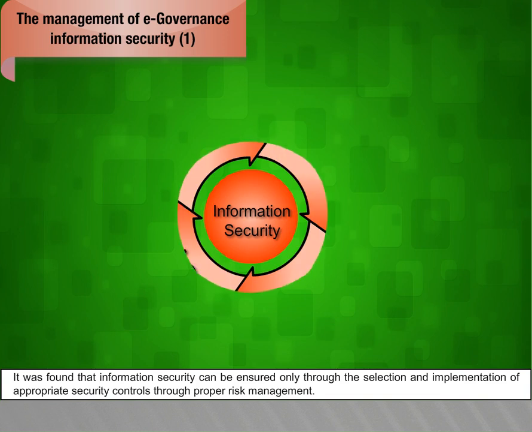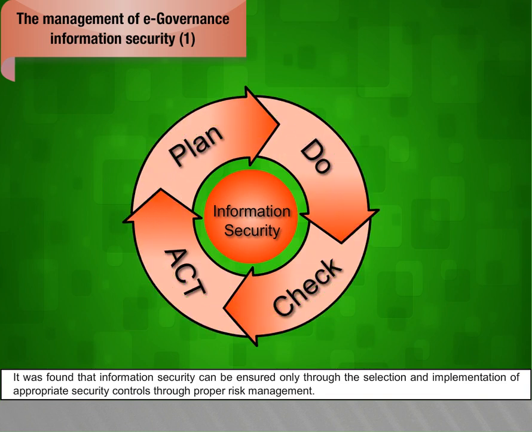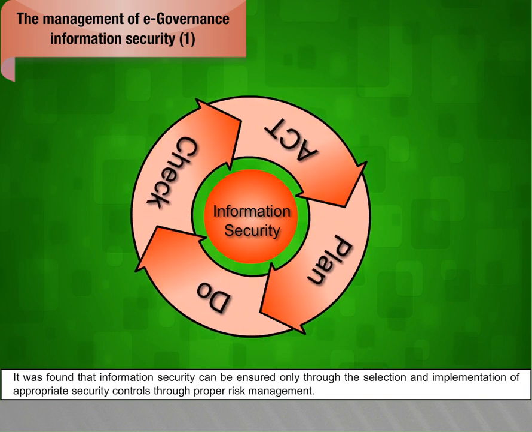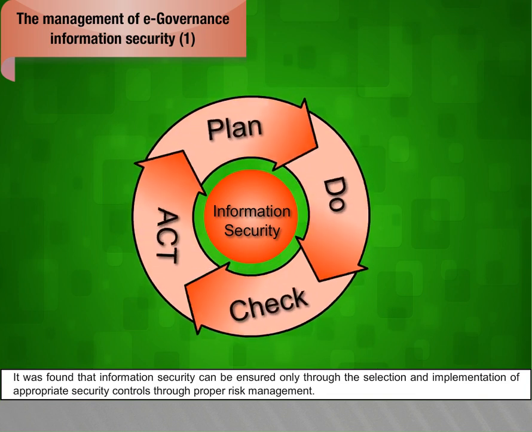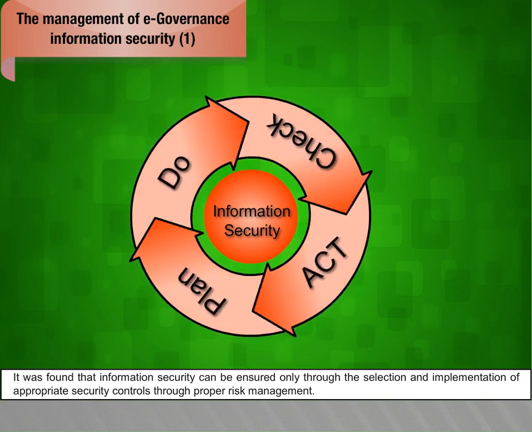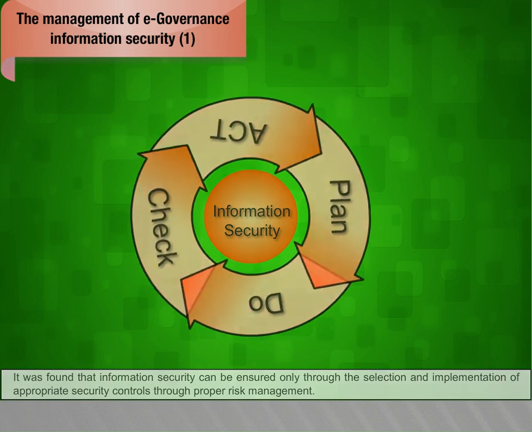The management of e-governance information security 1. It was found that information security can be ensured only through the selection and implementation of appropriate security controls through proper risk management.